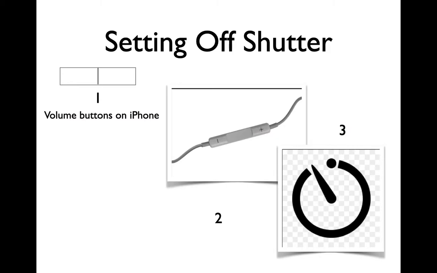Now, did you know there are 3 ways to set off the shutter? Well, actually, there are 4. There's the shutter button, which we've already talked about on the camera app screen. But here's the cool stuff. Your volume buttons on your iPhone or your iPad also will set off the shutter. And you might say, well, why would I care about that? Well, you know, sometimes when you're taking a picture with your camera app, it's hard to get to that shutter without moving it.